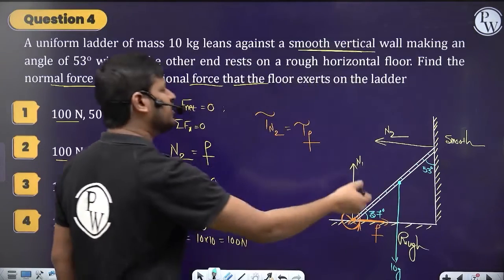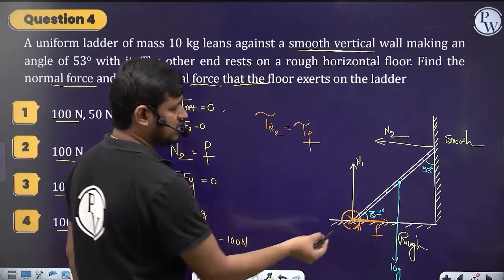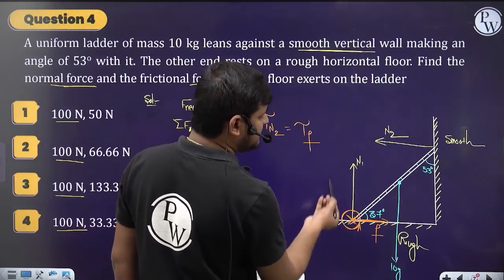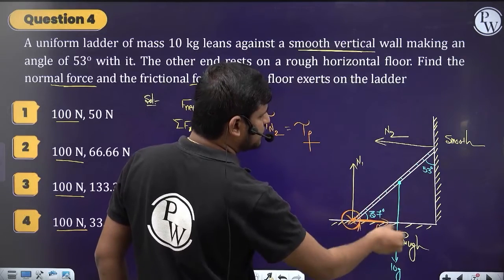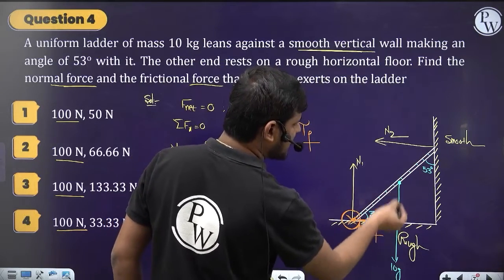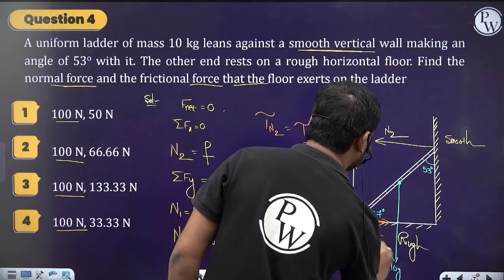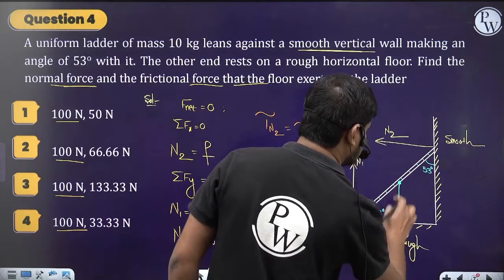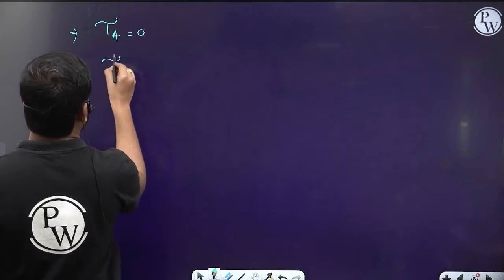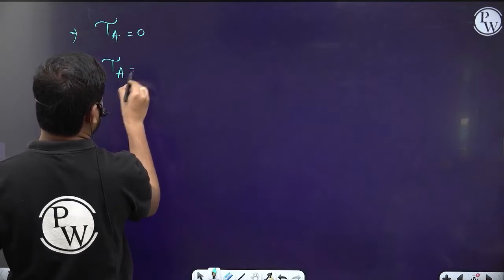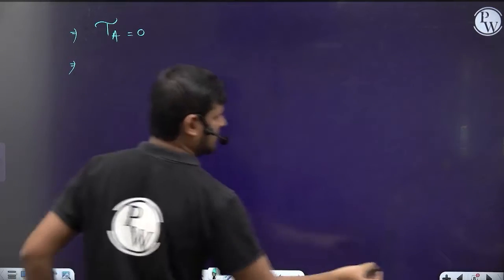Torque about any point you can take as 0, because it is in static equilibrium. The torque due to normal one will be 0. The torque due to friction will be 0. But the torque will be there due to the 10g force. The 10g force is acting downward, so I am writing this side. The torque about A will be equal to, first thing.